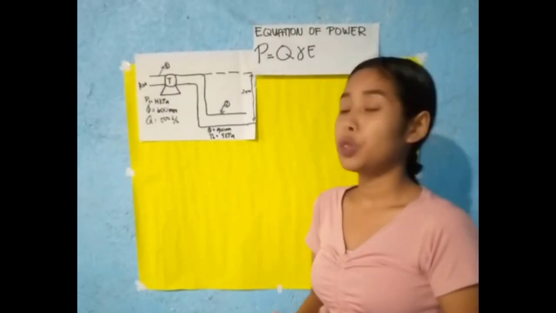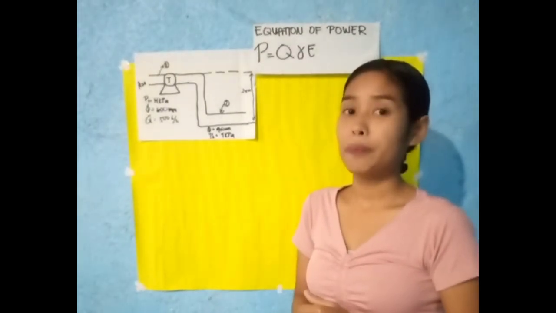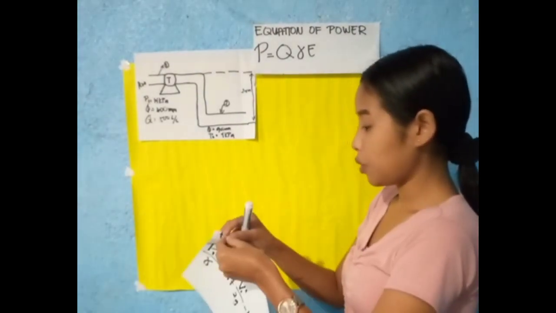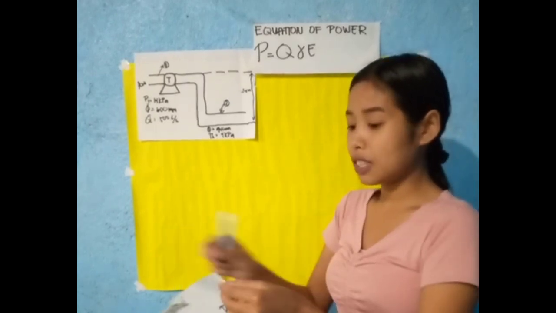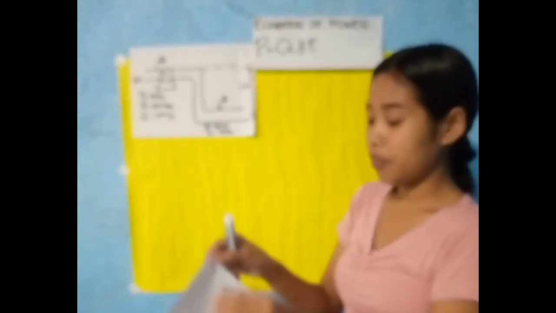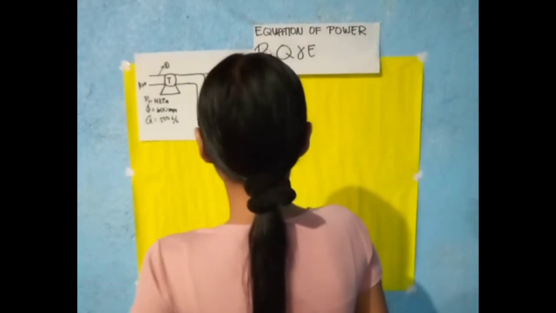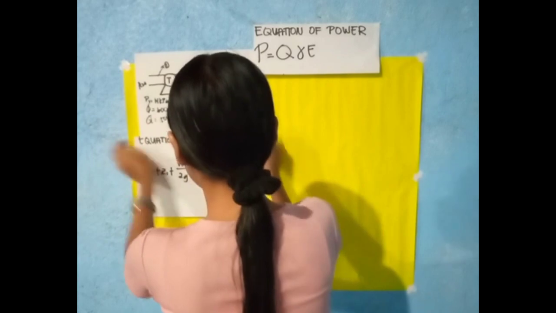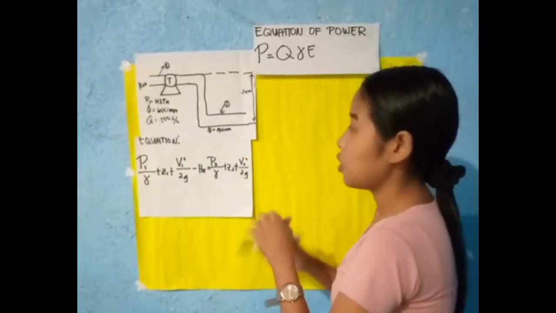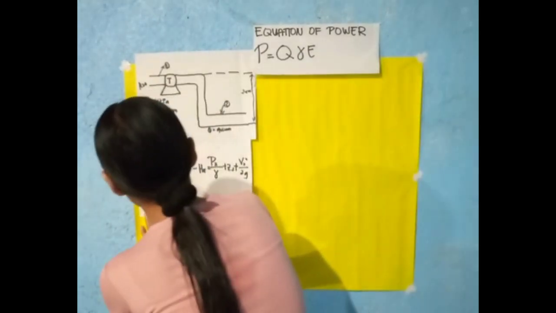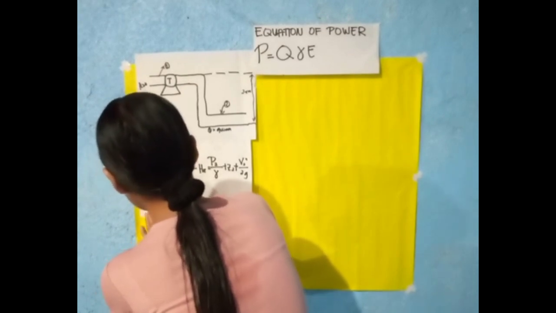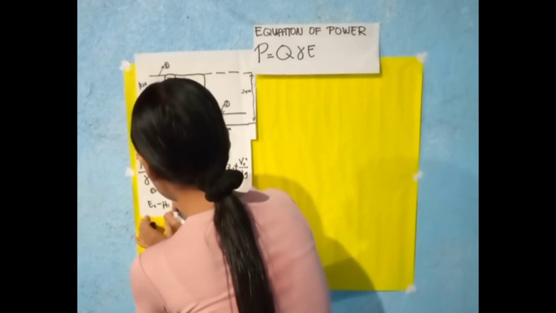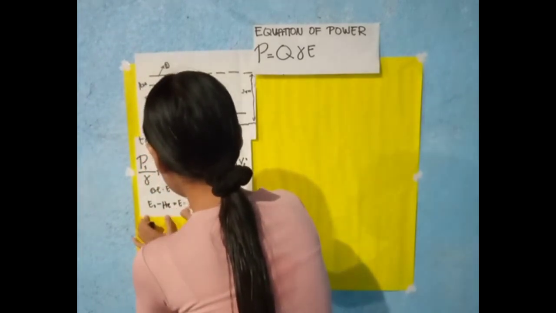So we are going to use the Bernoulli's energy equation. This is our equation that we are going to use in order for us to get the value of E. Remember that in Bernoulli's energy equation, energy in point 1 minus energy head extracted is equals to energy in point 2.